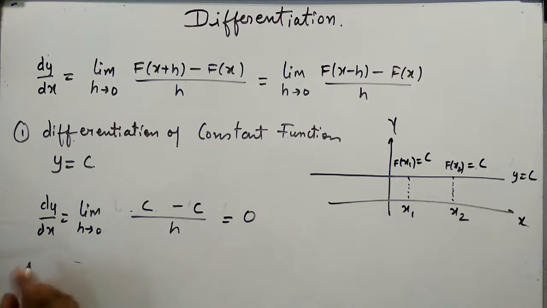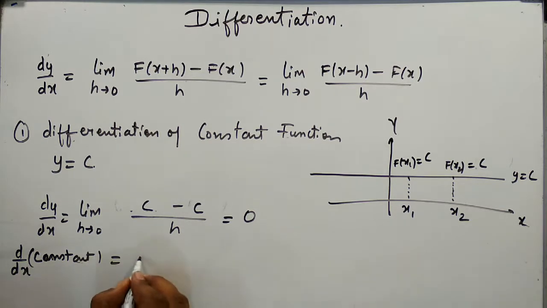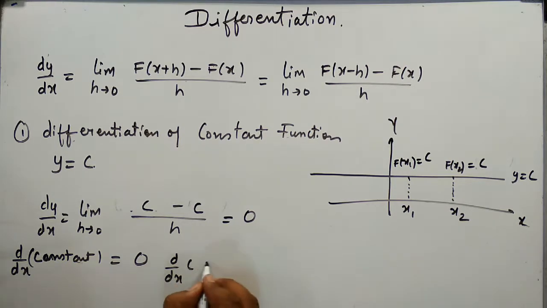The result is d by dx of a constant is equal to 0, or d by dx of c is equal to 0.